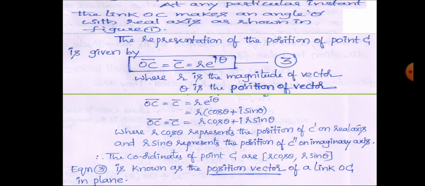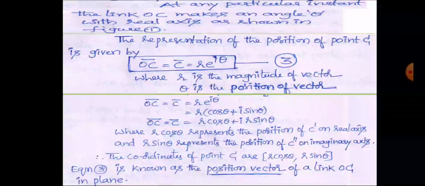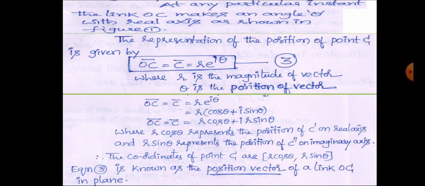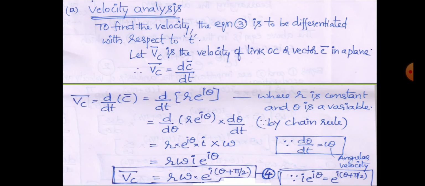Here I took a link and named it OC, and link OC is rotating about the point O. Therefore the vector of link OC is written as OC bar, or simply C bar, which is always r into e power i theta, where equation 3 is the position vector or the displacement vector of link OC.